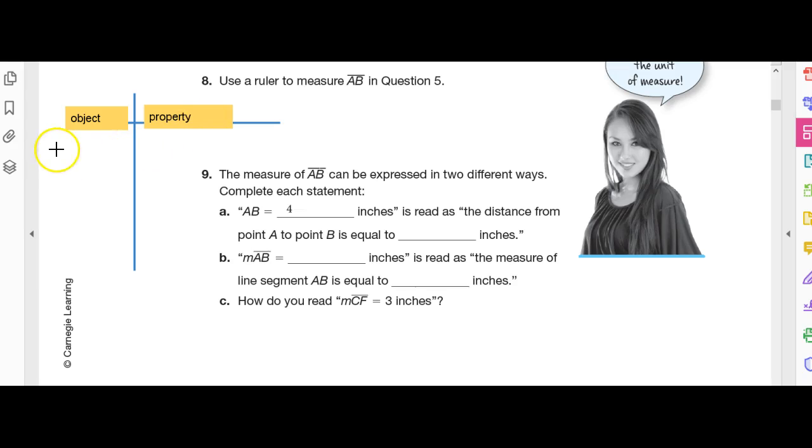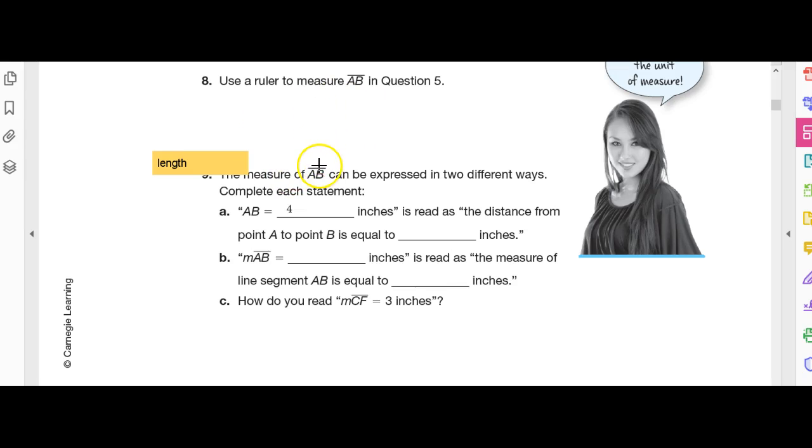The object is the segment, and over here the property is the length. It's not all staying on the screen for whatever reason, but that's okay. So the object is the segment and the property is the length, and you're getting that.